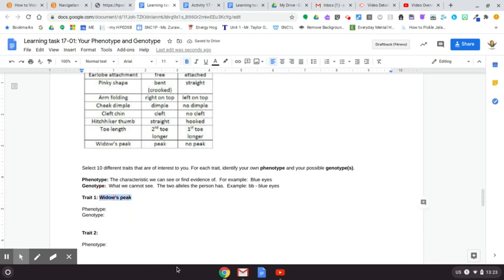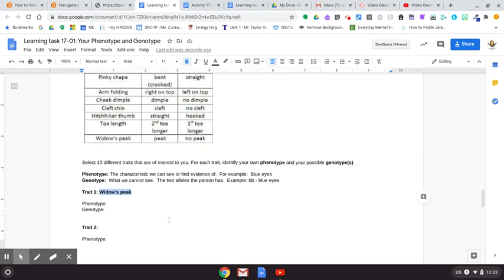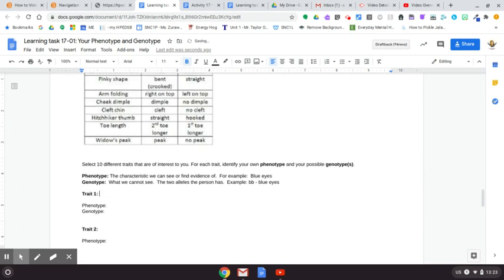So let's do a different example here. You're going to do this for 10 different traits as you go through. So let's do, Miss Allison, whether I have a cleft. Oh, I want to do something that I have. I have a dimple in my cheek, so I'm going to do cheek dimple. The phenotype would be that I have a dimple.